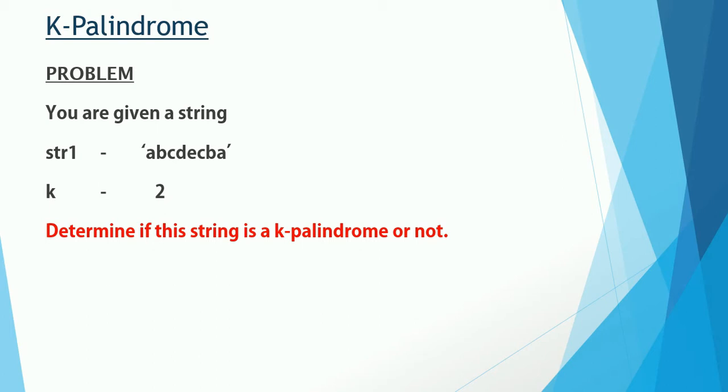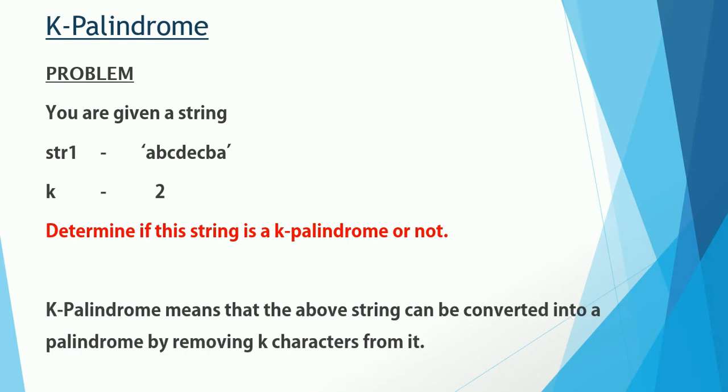If you don't know what a K-Palindrome is, it means: can this string ABCDECBA be converted into a palindrome by removing k characters from it or fewer than k characters? The value of k is 2. Can I convert this string into a palindrome by removing 2 characters or 1 character from it?